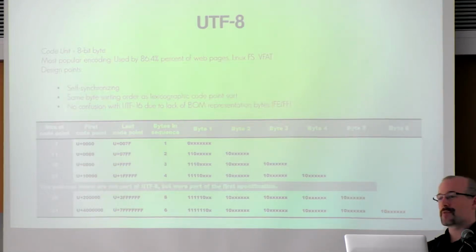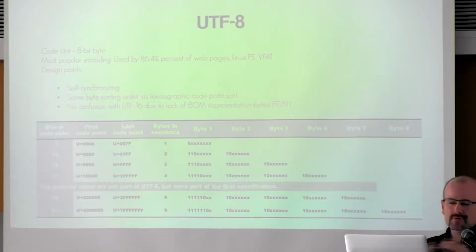It's not possible to interpret a UTF-8 string by dropping yourself down in the middle. You can't just interpret it differently. You have to find that start byte, and then you can go through the continuation bytes. So it solves that problem. It also, luckily, has the same byte sorting as a lexicographic code point sort.